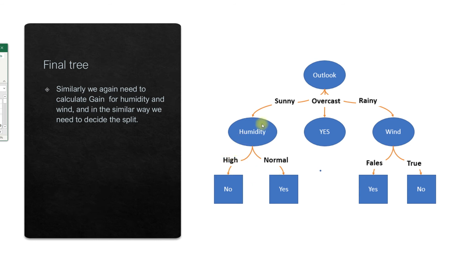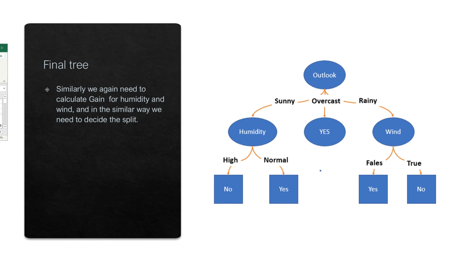If you want to interpret this decision tree, it's simple. When my Outlook is sunny, if the humidity is high, then the players may not play. When the outlook is rainy, if there is no wind, then the players may play, or if there is wind, the players may not play, for example.